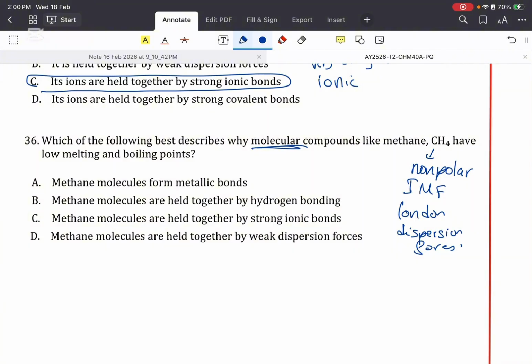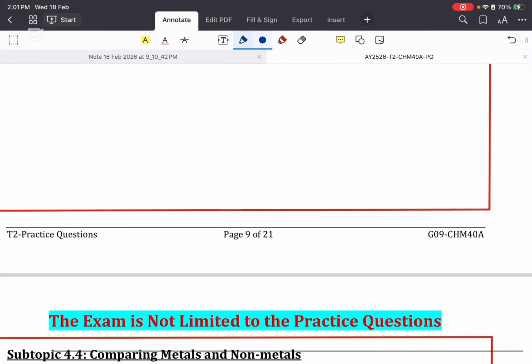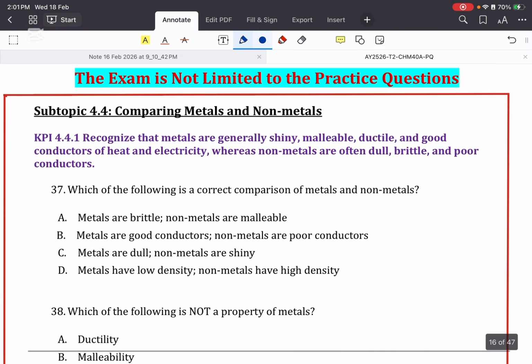We're not dealing with a polar one, so they're not held by hydrogen bonding. They don't have strong ionic bonds. It's not metallic. They are held by weak dispersion forces, which lowers their melting and boiling points. And even at room temperature, they exist as gas.